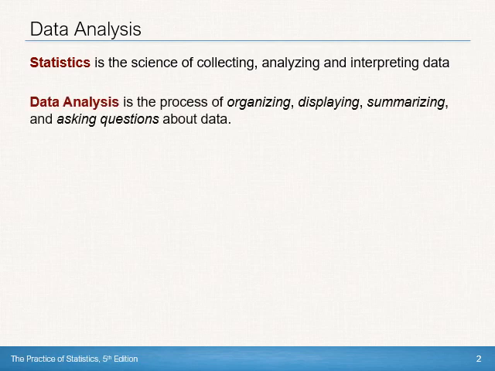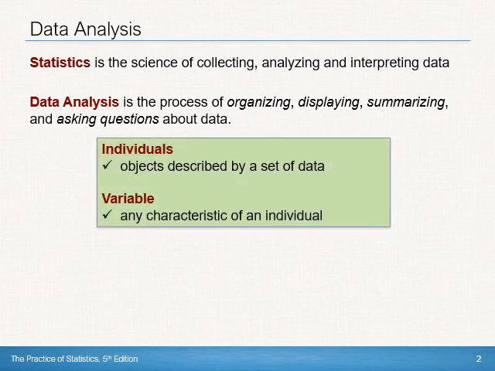All right, so data analysis, we're going to learn how to organize, display, summarize, and then maybe look at the data and say, isn't that interesting? You know, ask some sort of question about that data. All right, individuals are the set of maybe people that we're interested in and that we have a set of data about.